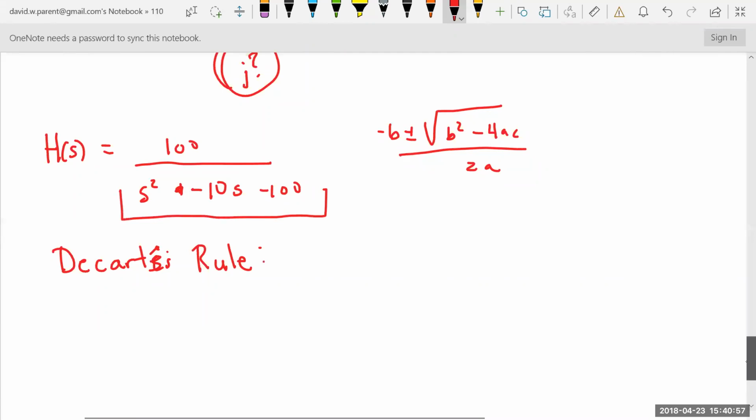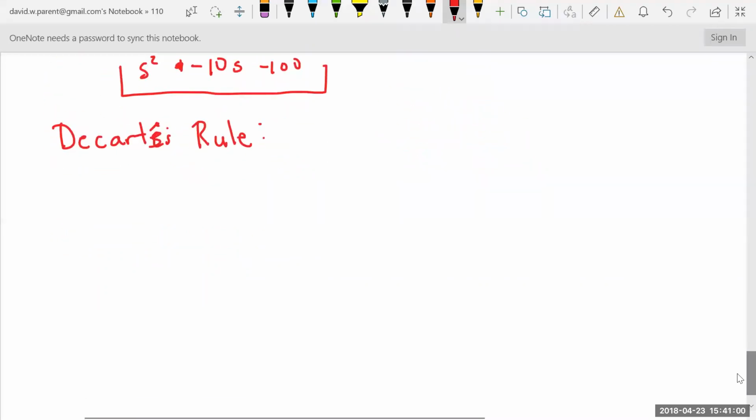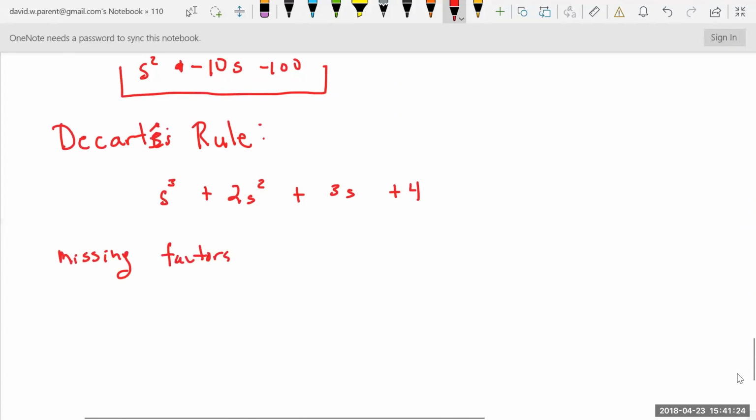It wasn't really in the notes, but if you take a polynomial, right, and we can just say s cubed plus 2s squared plus 3s plus 4, right? There's some things like missing factors.